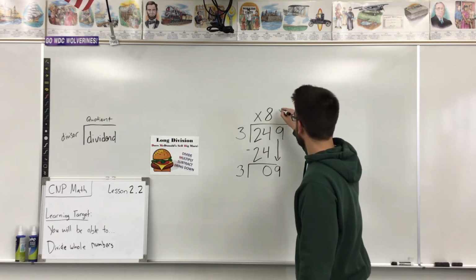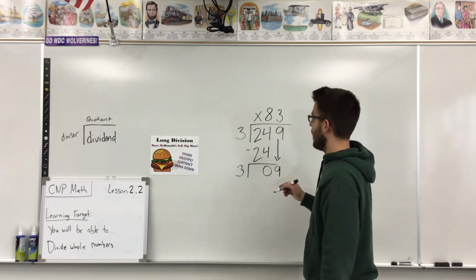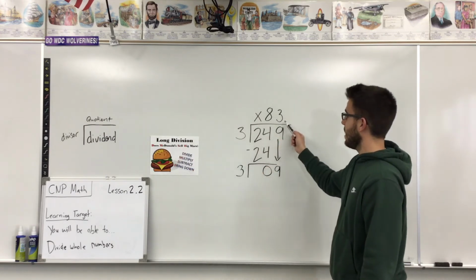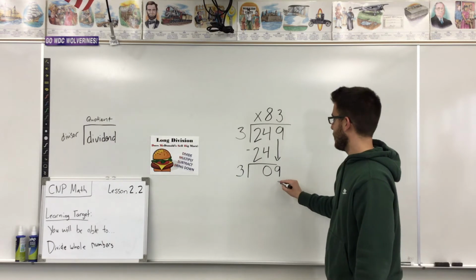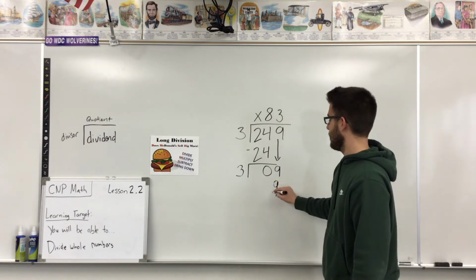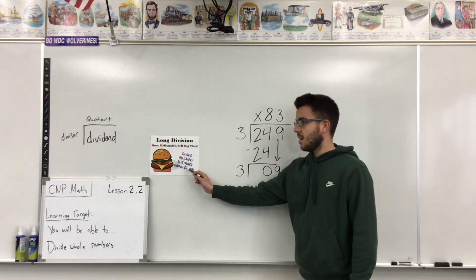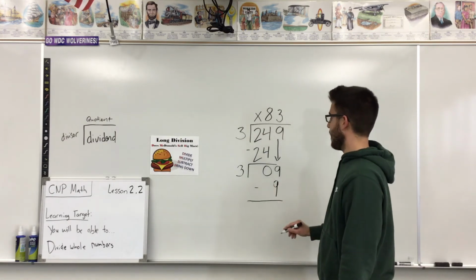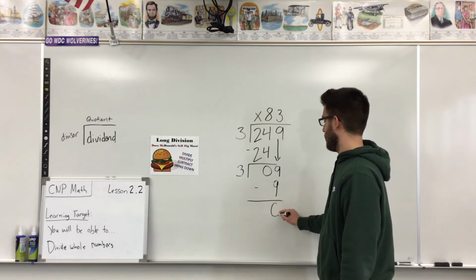You put the 3 up top, okay? Our next step tells us to multiply 3 times 3, which is 9. What does our next step say? Subtract. 9 minus 9 is 0.